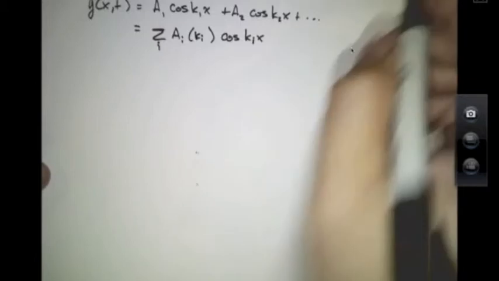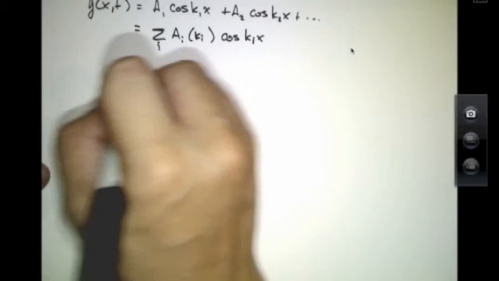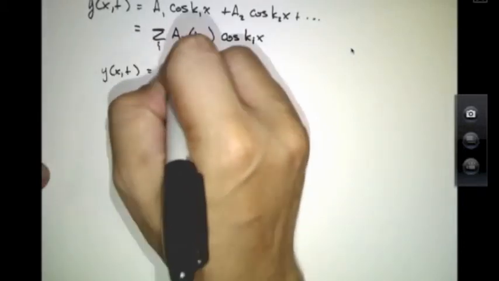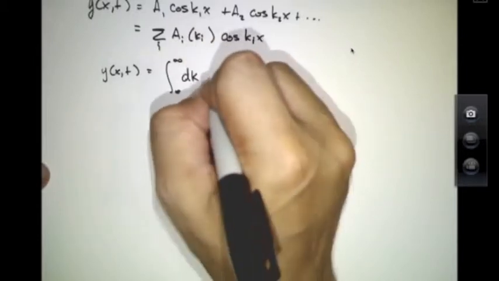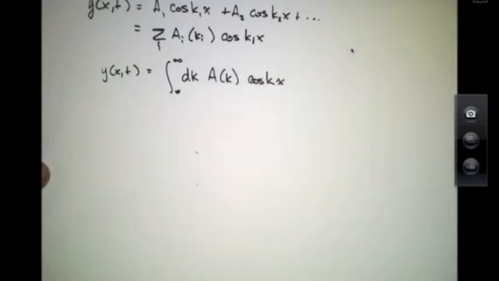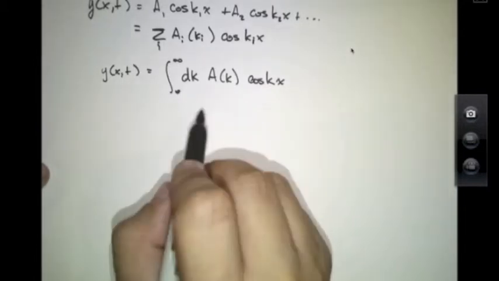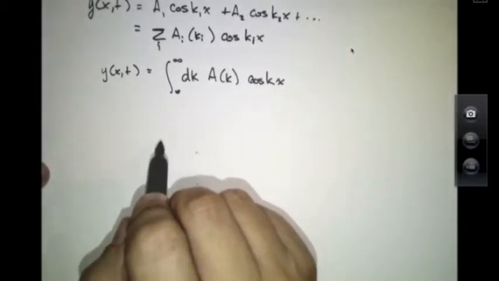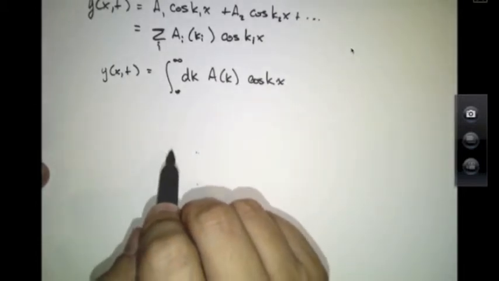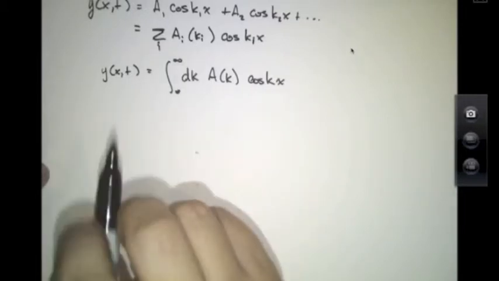Or if we had a continuous case where we wanted to integrate over all possible k's, it might look like this. This function a of k represents the amplitude at a particular value of k, and that's our sinusoidal wave, where this function ai represents the amplitude for a discrete value of ki.